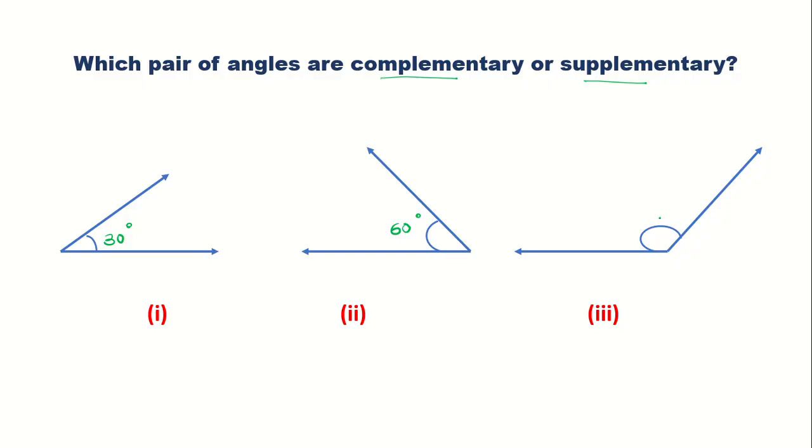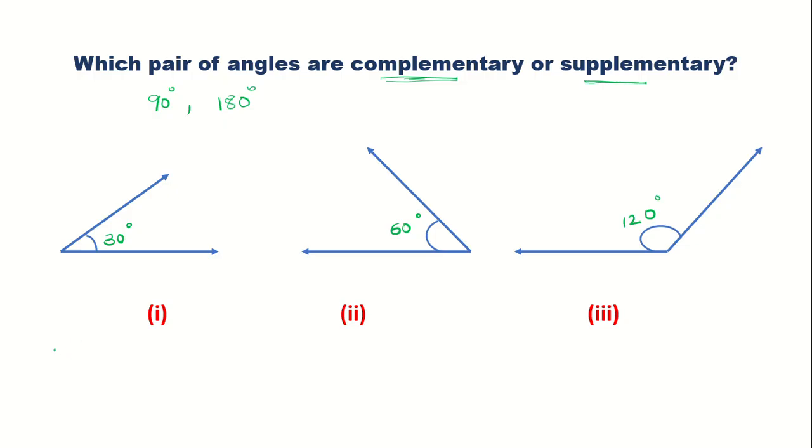For the third one, the angle measure here is 120 degrees. Now, we need to find out which pair of angles are complementary and which are supplementary. What is complementary? Their sum must be 90 degrees, right? Next, what is supplementary? Their sum must be 180 degrees.